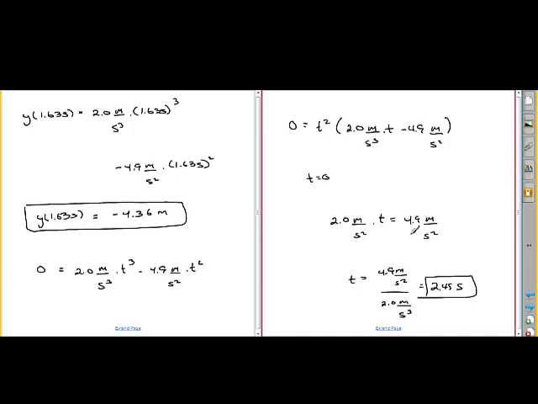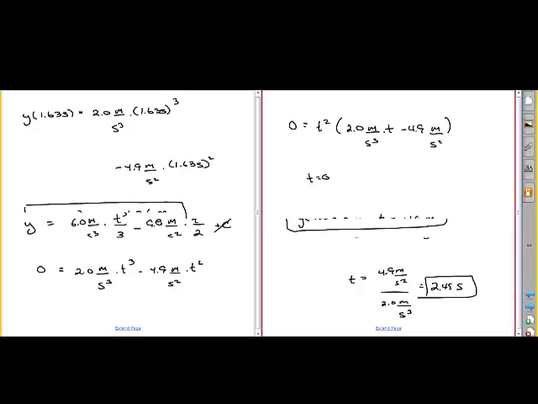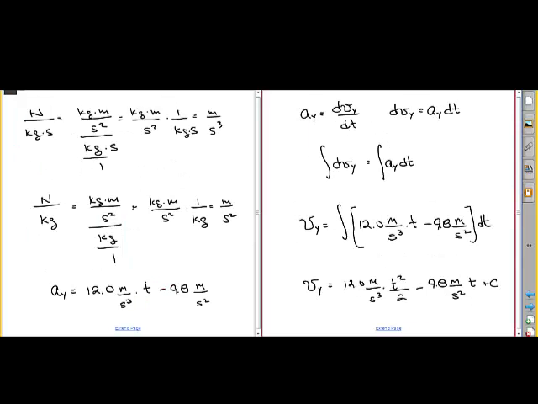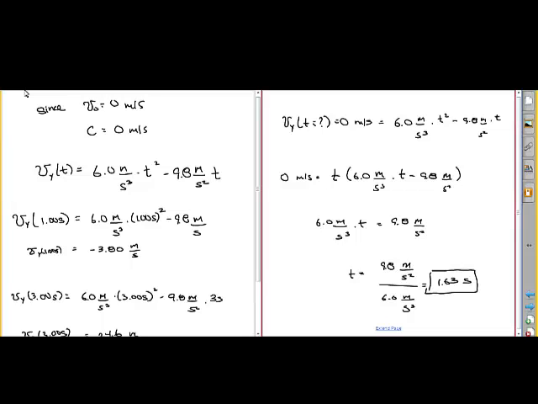And anyway, gotta make sure I find the answer in the back of the book. So I forgot what the number of this problem was. Let's see, 569. And I think the first question was, what was the first question?